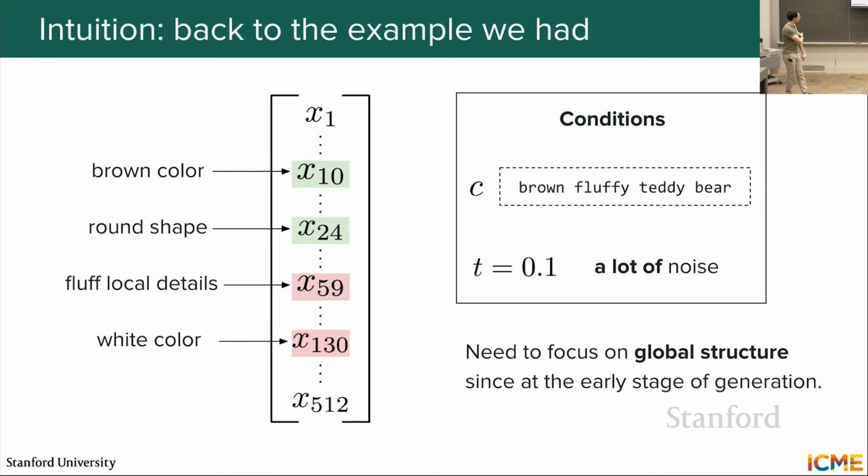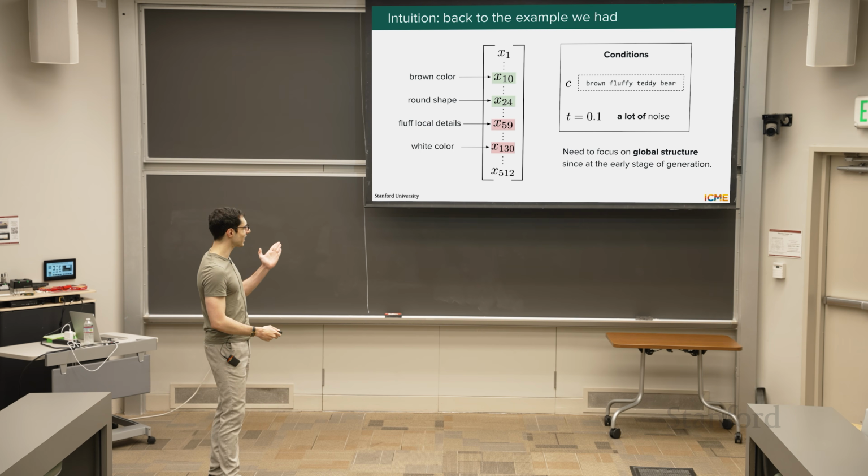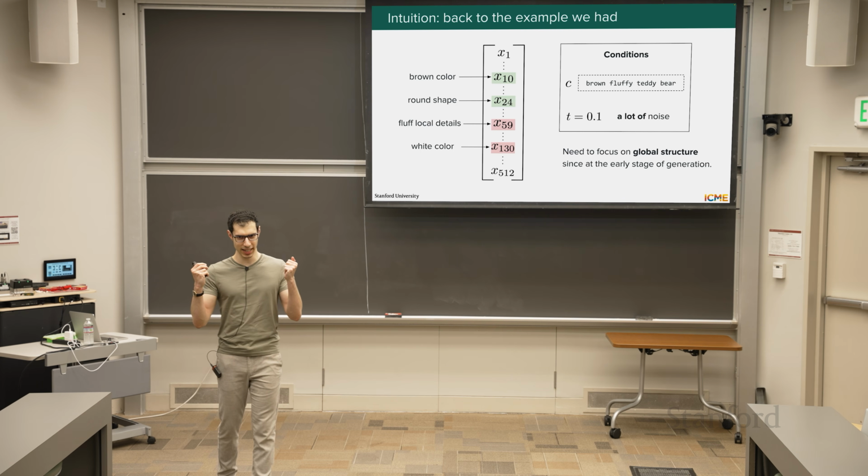So let's go back to the example that we had with respect to us wanting to modulate patch embeddings. Do you remember the example we used where we said we want a brown, fluffy teddy bear? And we had all these dimensions. And we said, let's say at t equals 0.1, we wanted brown color and round shape to be highlighted, but not the other ones.